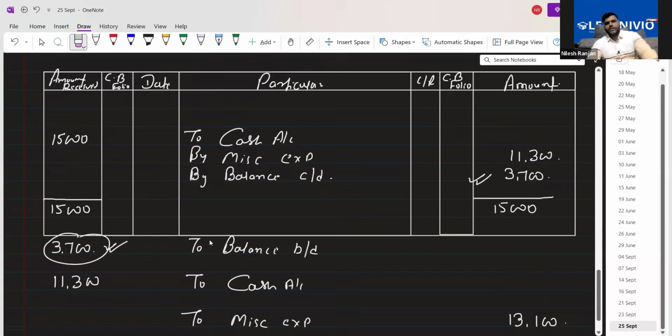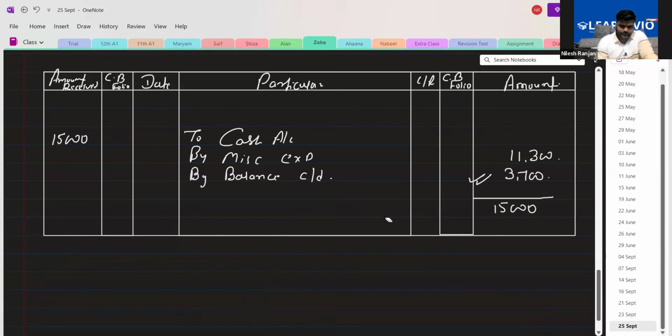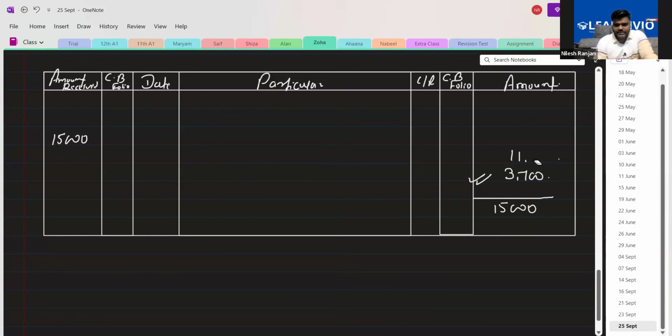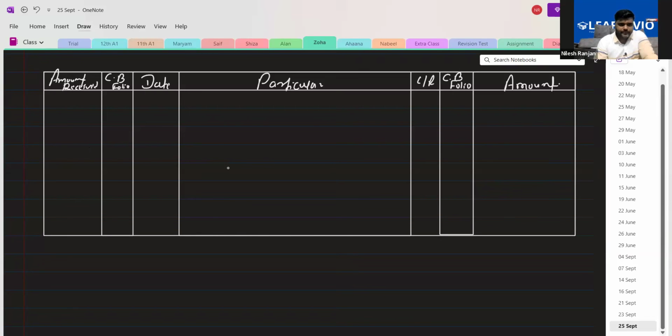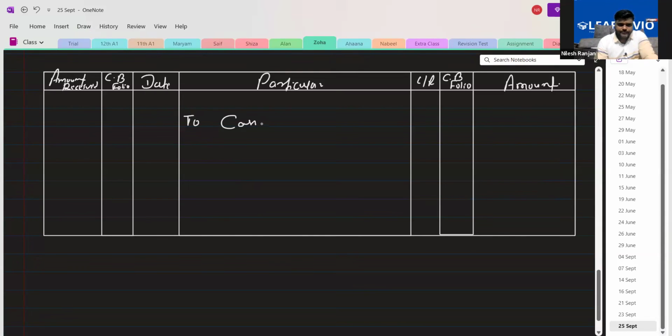Now, I'm changing the situation a little bit. Now, I'm not going to write only 2-3 items. I have to write at least 5 to 6 items, so that you'll understand the analytical petty cash book part. So first is to cash 15,000.